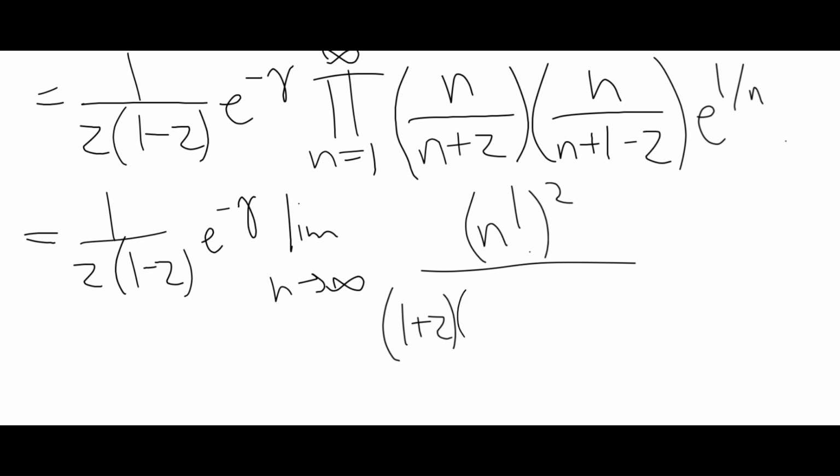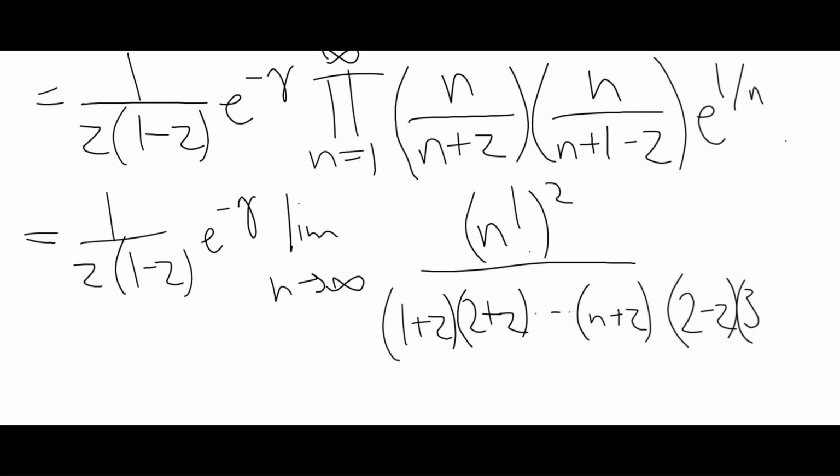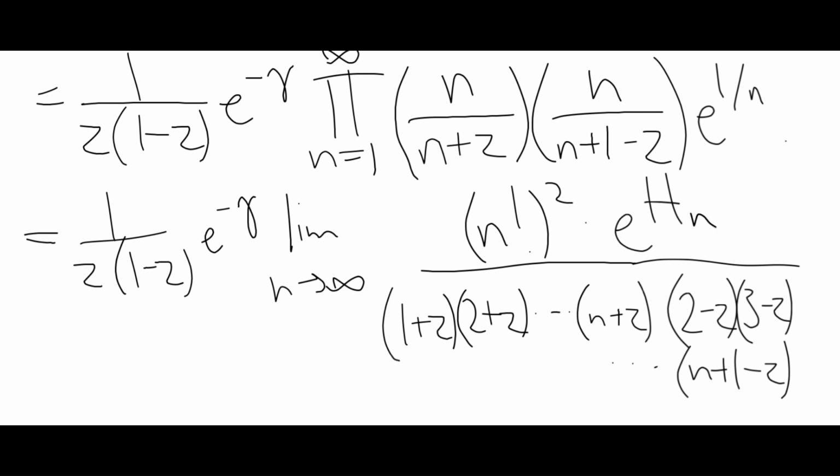And then we'll have 1 plus z, 2 plus z, all the way up to n plus z. And then we'll also have 2 minus z, 3 minus z, and so on, up to n plus 1 minus z. And then for the e to the 1 over n, that gives us e to the nth harmonic number.